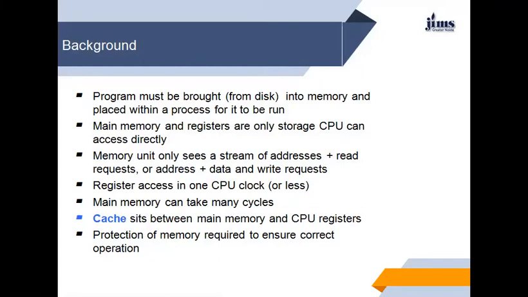Sometimes, for faster execution of the program, a cache memory sits between the main memory and the CPU registers. So when the cache memory sits between the main memory and the CPU, the speed is increased. Protection of memory is required to ensure correct operation.